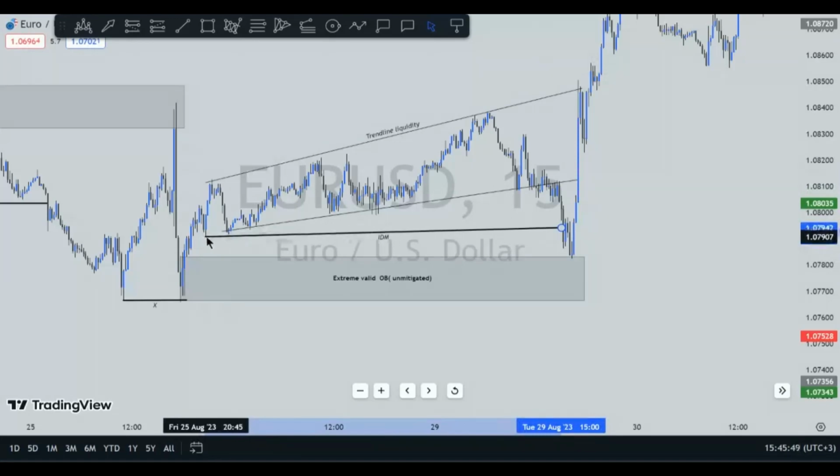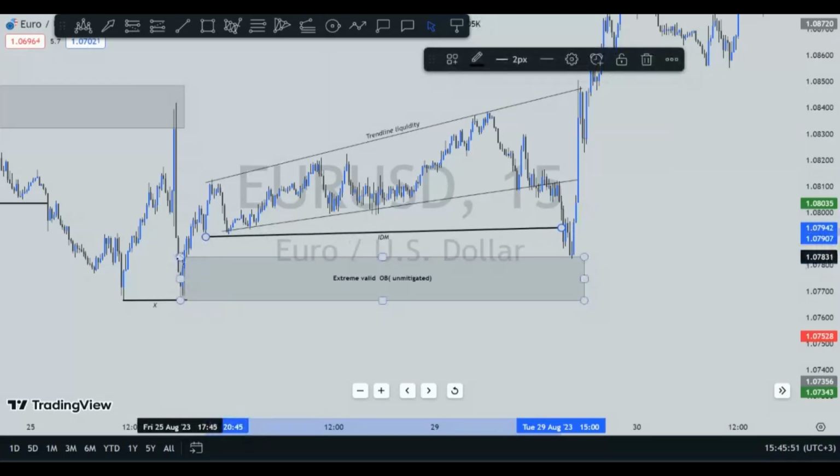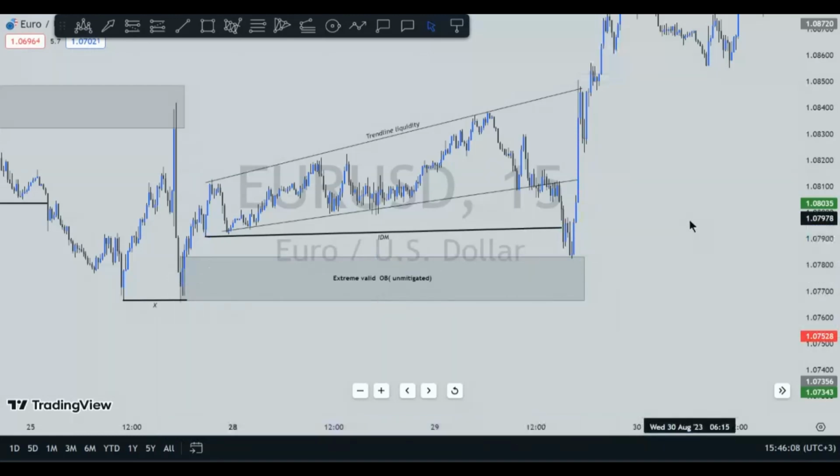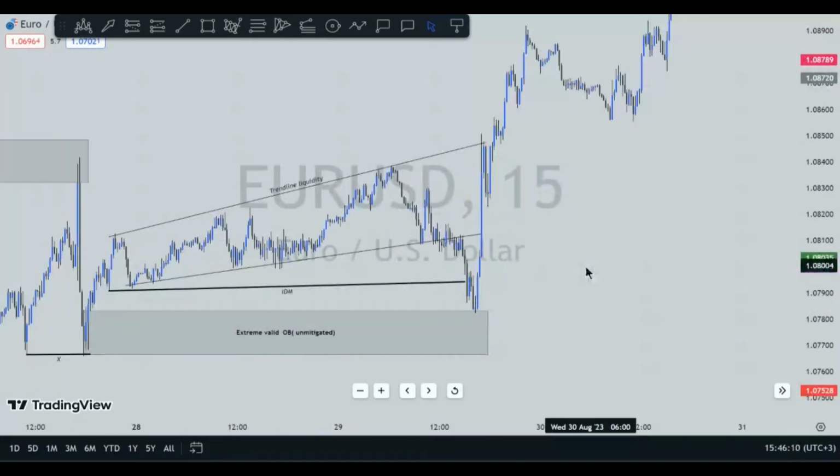I'll just mark my order block at the extreme here, which is valid because this order block swept this previous low liquidity, making it a valid one. And because it was not mitigated, that's confluence enough to make it a valid one.